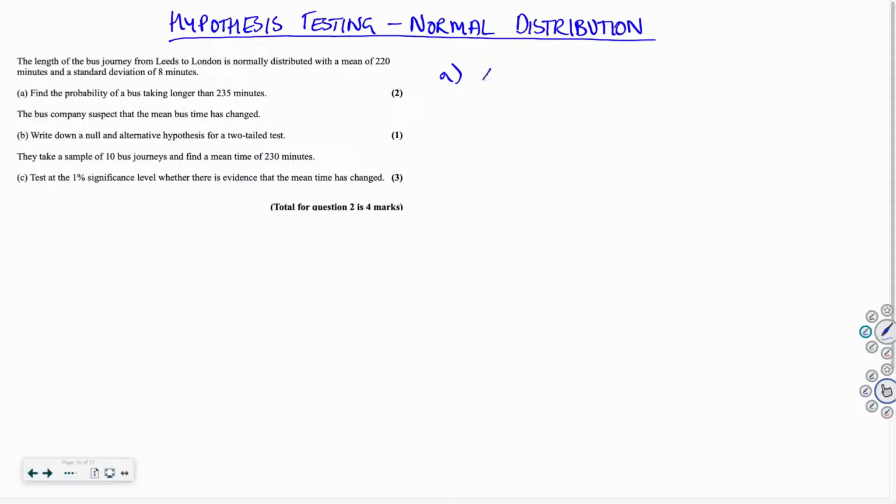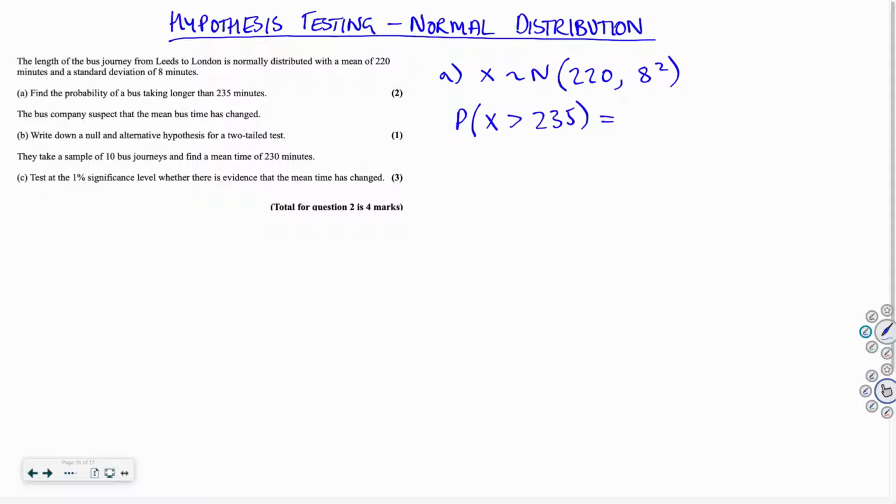So we can say that X is normally distributed with a mean 220 as we're told in the question and standard deviation of 8. So working out the probability of X being greater than 235, we can just use our calculator for that.